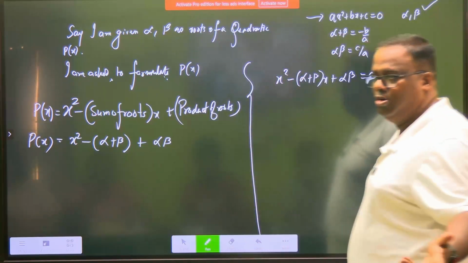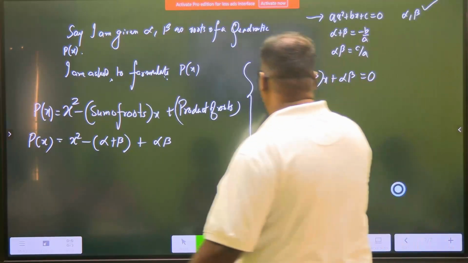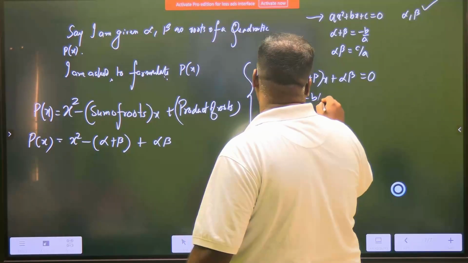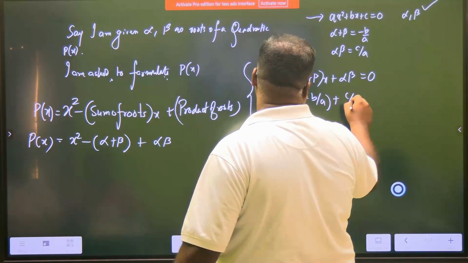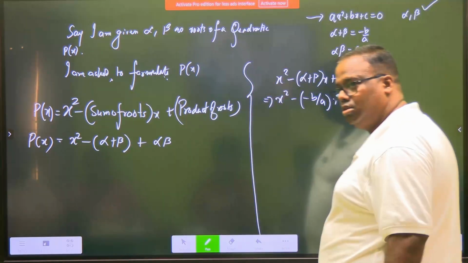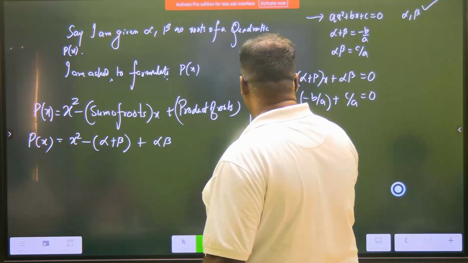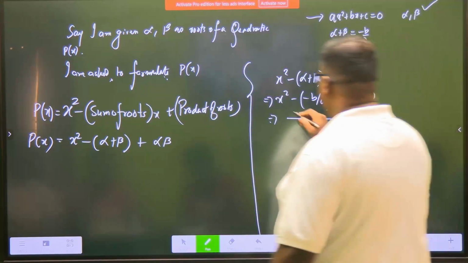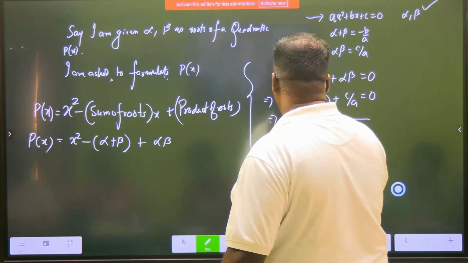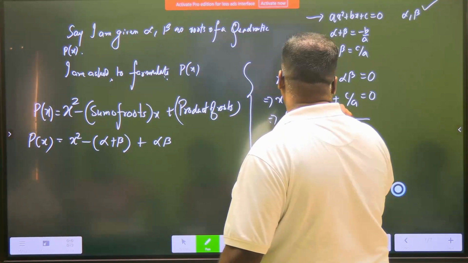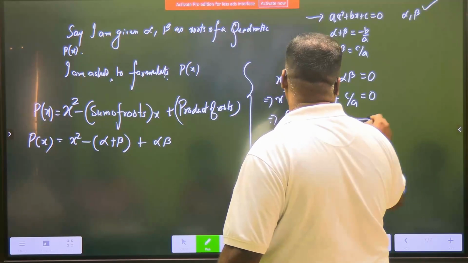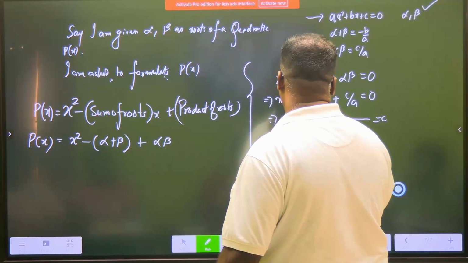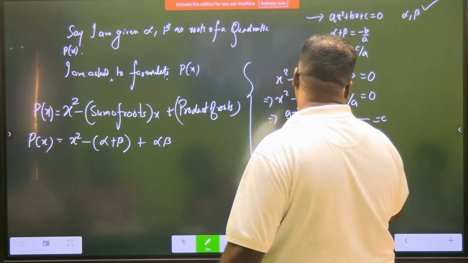This is the quadratic polynomial. Substitute. X square minus b by a x plus c by a is equal to 0. Then what is the LCM? LCM is a. Then it becomes ax square plus bx plus c equal to 0. A goes and marries 0. It becomes ax square plus bx plus c equal to 0.